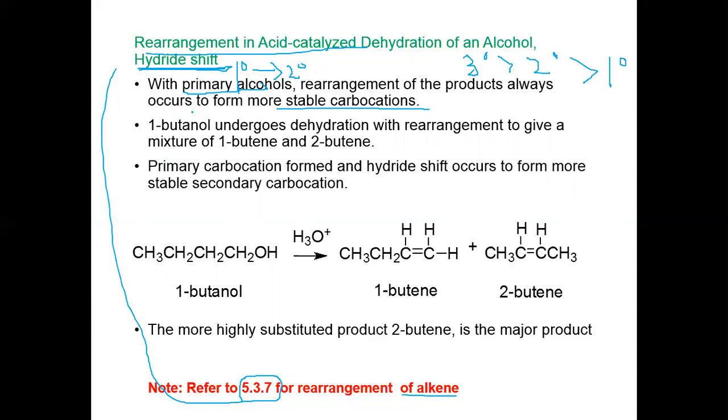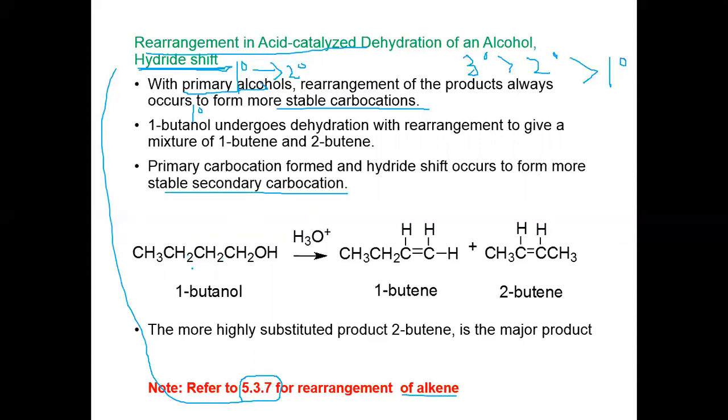Okay, for example, 1-butanol, which is your primary alcohol, undergoes dehydration with rearrangement to give a mixture of 1-butene and 2-butene. Primary carbocation form and hydride shift occurs to form more stable secondary carbocation.